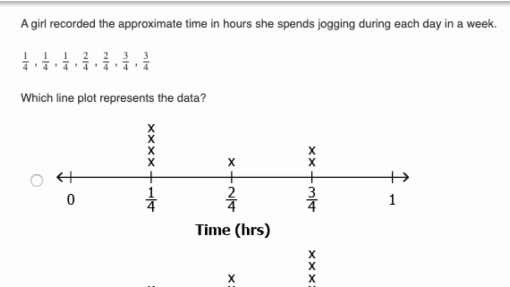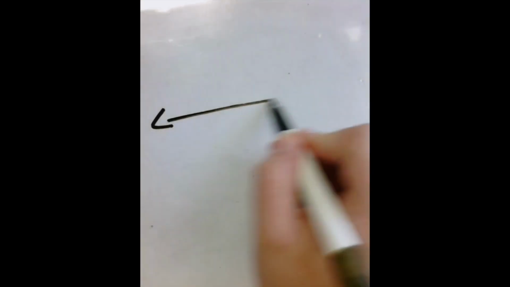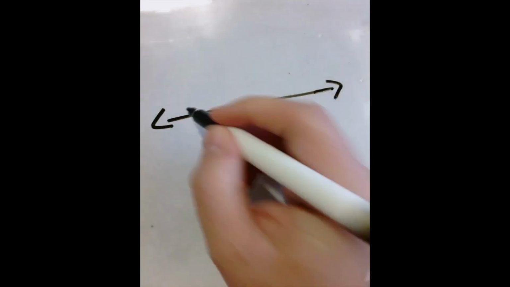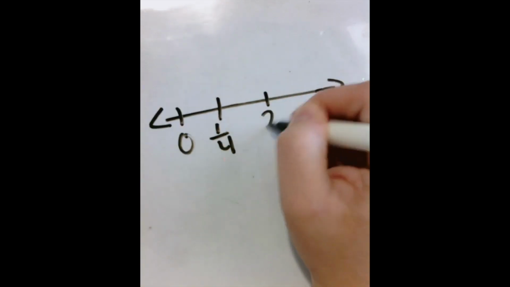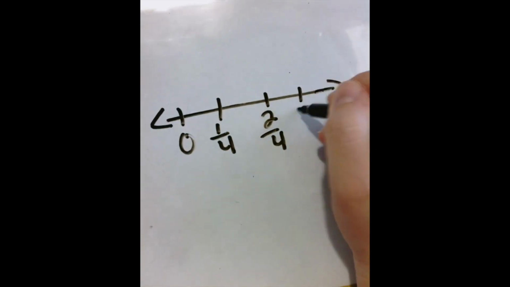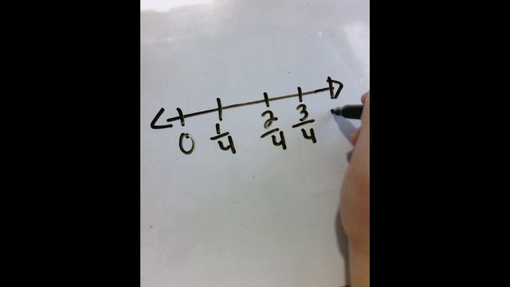Remember on the line plot that we saw previously, each X represented a student that walked that number of miles. That's the same thing that we're going to see here. If you look down at your examples here, you see that they're all set up the same way. They all start with 0, then they have 1/4, then 2/4, then 3/4, and then a whole.